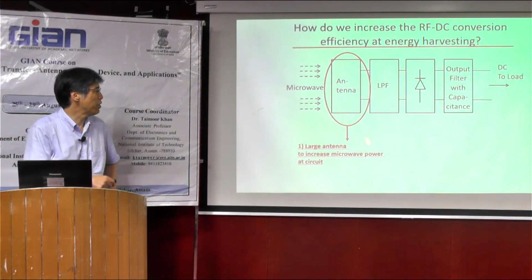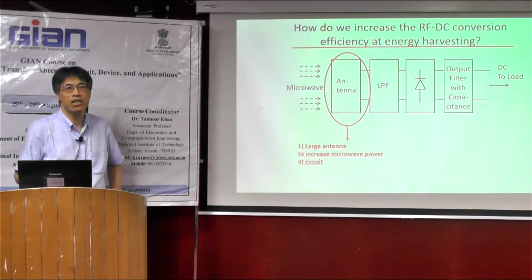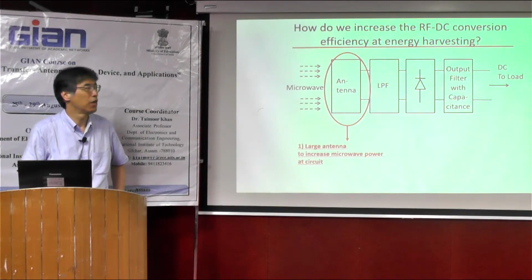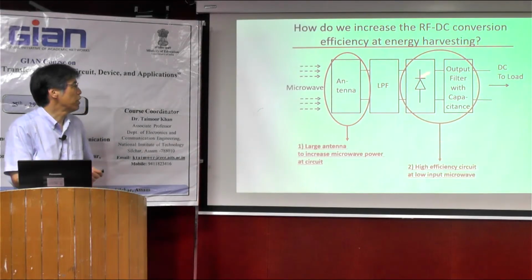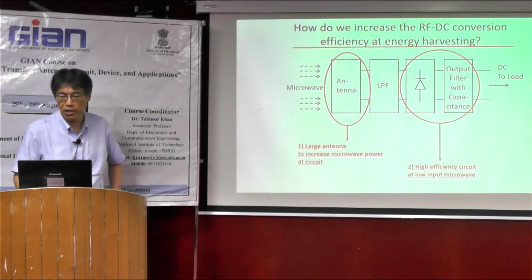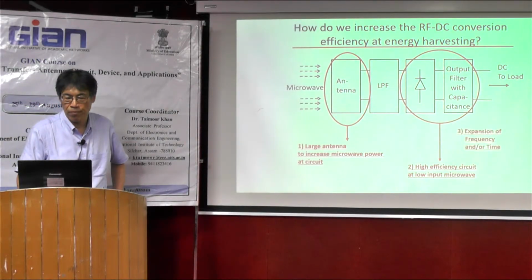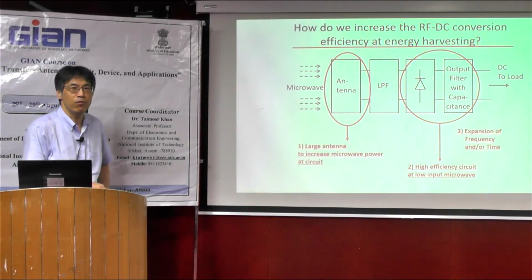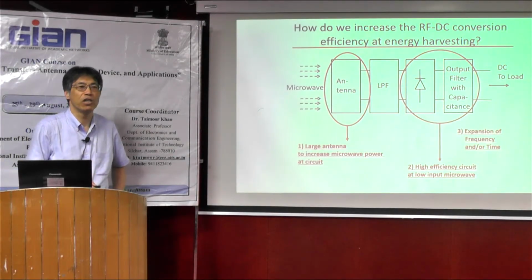And if we cannot use a larger antenna, the next element is the rectifier, of course. So we have to consider how to increase the efficiency of the usual diode. And additionally, I'd like to introduce today the expansion of the frequency or the type. Type involves the energy storage of the battery.